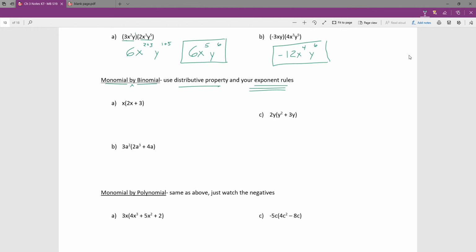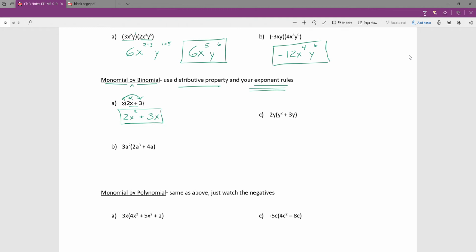So here's my monomial, here's my binomial, and what I'm doing is multiplying the x through to the first term, so I get 2x squared. That's a 1 and a 1, so I'm adding those. And then the x times a positive 3 gives me a positive 3x. And so this is that expression simplified. We've dropped the brackets, and all I'm doing is distributive property with these exponent rules.